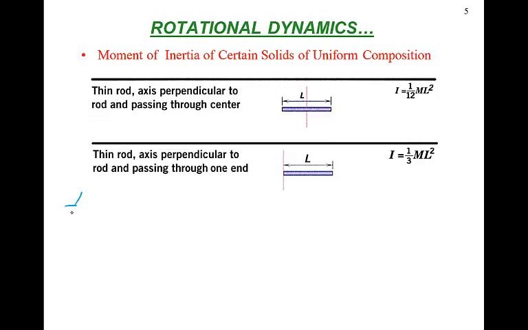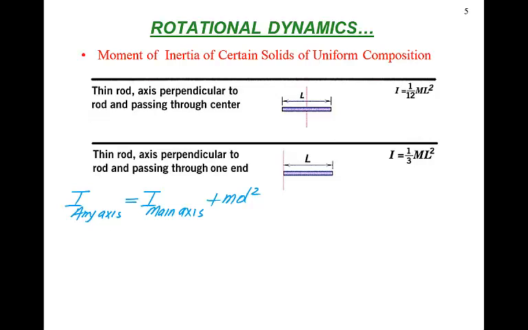The moment of inertia about any axis is equal to the moment of inertia about the main axis plus the total mass times d squared, where d is the shortest distance from the center of mass of the object to the axis that we are evaluating the moment of inertia about.